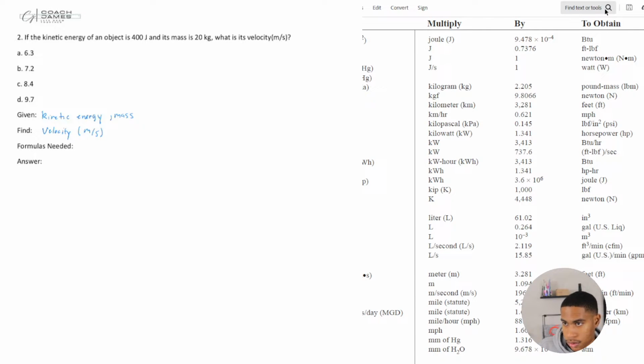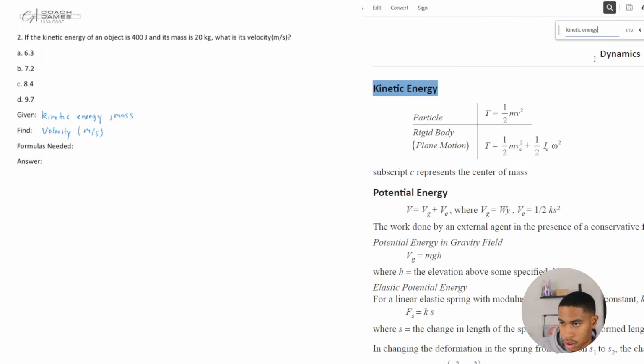So I'm going to do a search. I'm just going to do kinetic energy. Okay. So for a particle or an object, T is equal to 1/2 mv squared for kinetic energy.